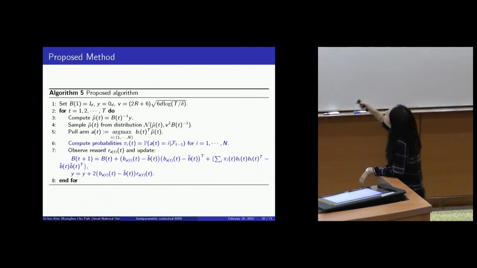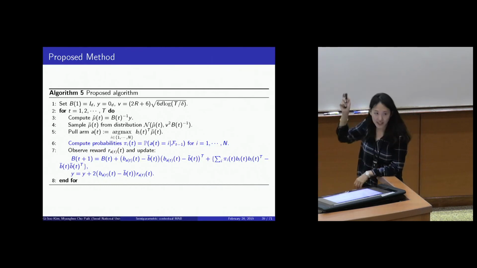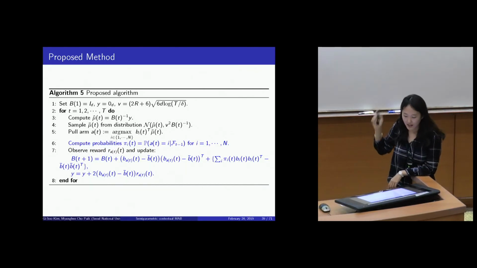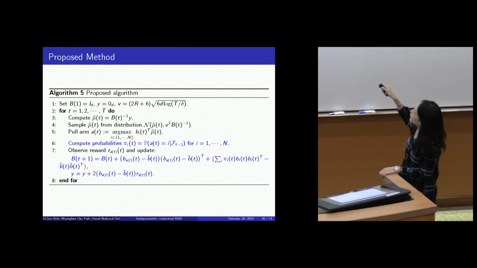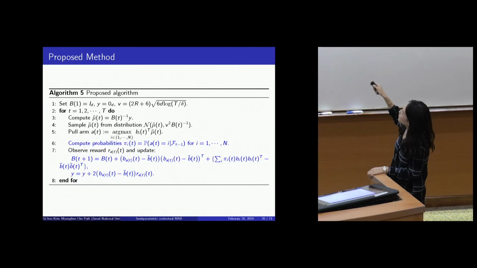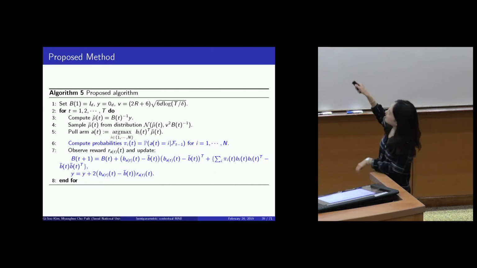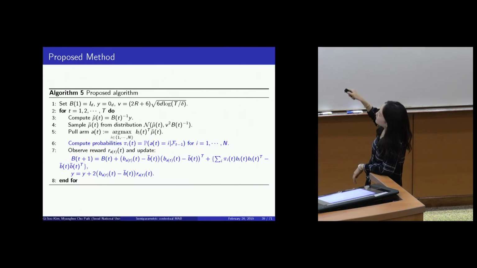And using that, the proposed algorithm is as follows. It is identical to the Thompson sampling algorithm, except that there is a step for computing the action choice probabilities explicitly, and the estimator for mu is different.